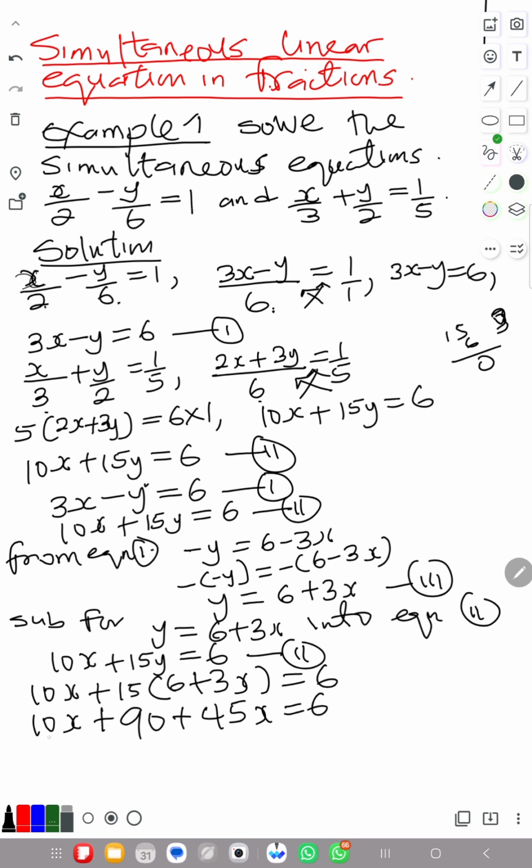If you collect the like terms, 10x plus 45x is 55x, which is equal to 6 minus 90. Hope you are following.